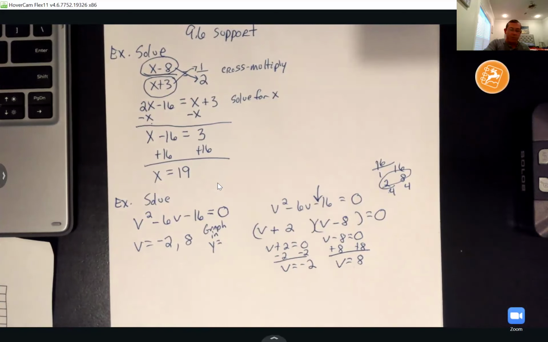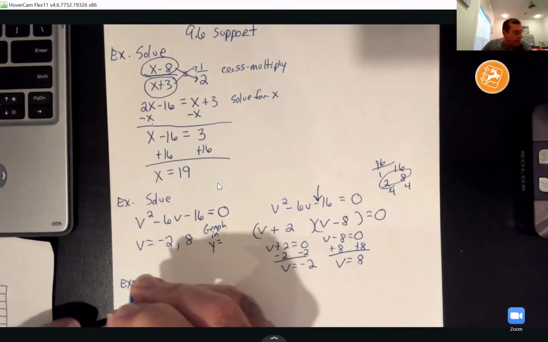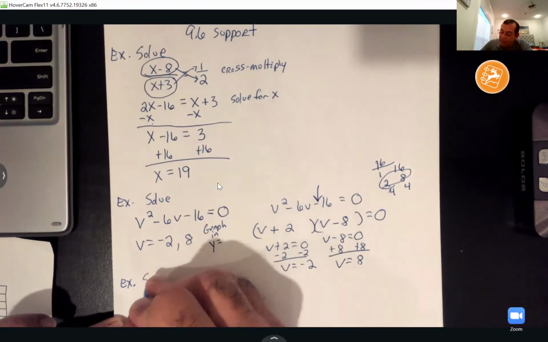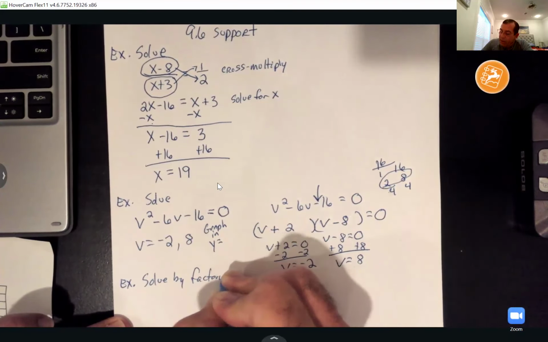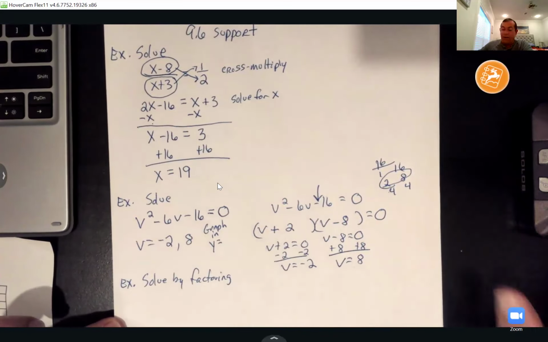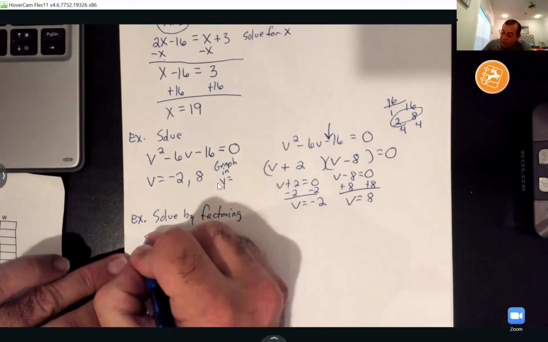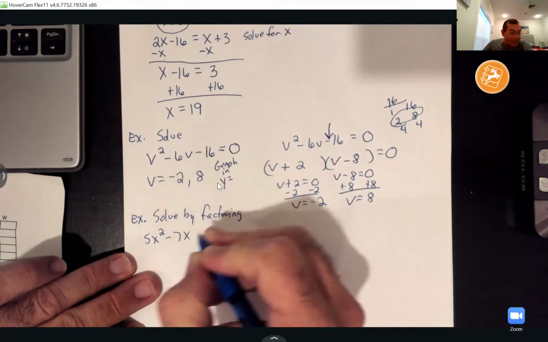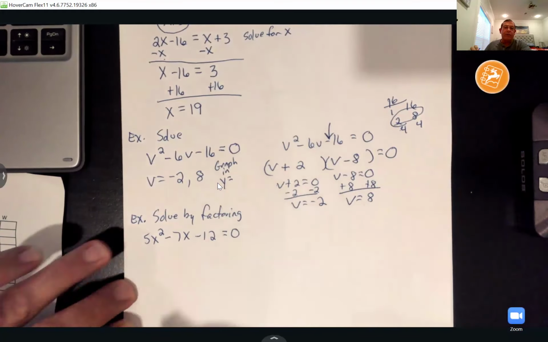All right, y'all, then there was one more of those. And this one actually says solve by factoring. This would be like number 5, okay? So this one said 5x squared minus 7x minus 12 equals 0.